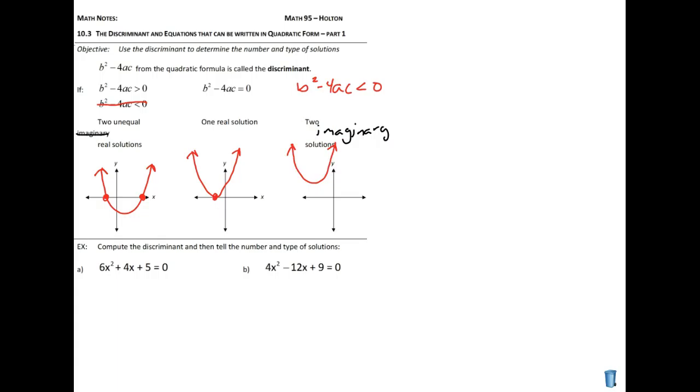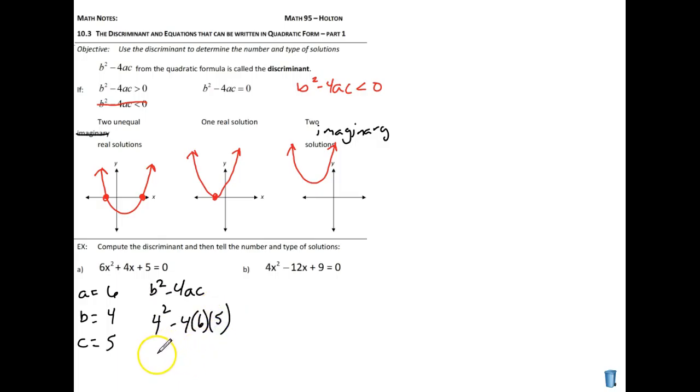So then we can actually work this out for these two different quadratic equations. It says compute the discriminant and tell us how many solutions we have. In this case, a is 6, b is 4, and c is 5. So when I do my b squared minus 4ac, what I come up with is 4 squared minus 4 times 6 times 5.